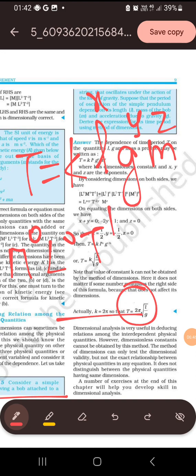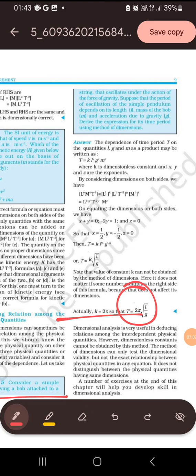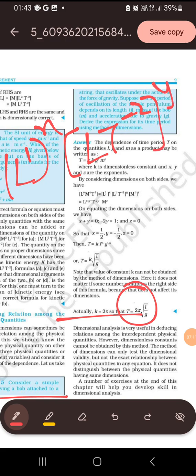On this side, for length you can write L power 1, raised to the power x, and for acceleration due to gravity, L t power minus 2, raised to y, and for mass you can represent that as M raised to z.